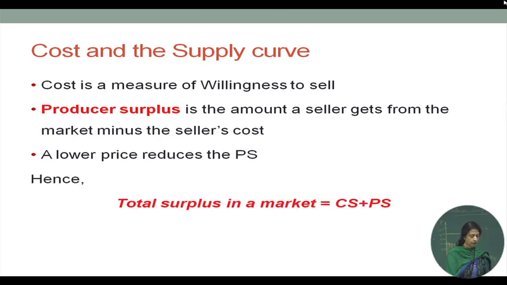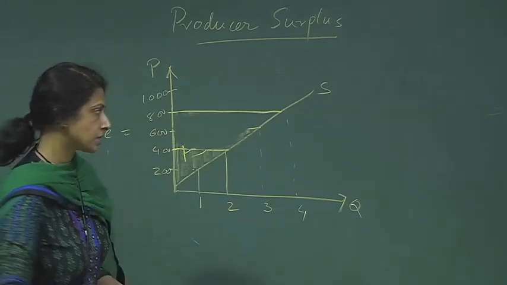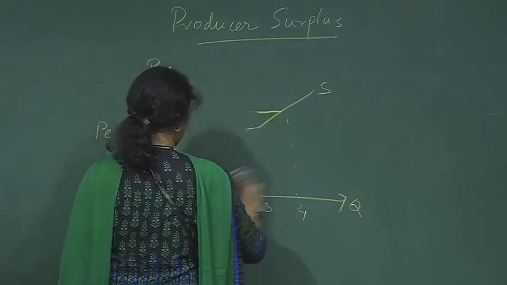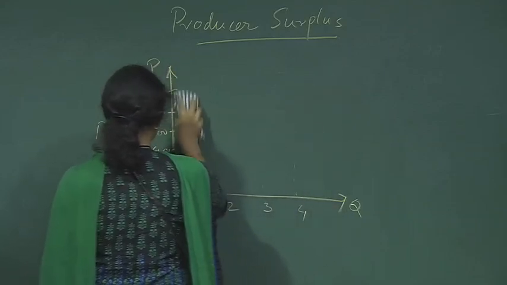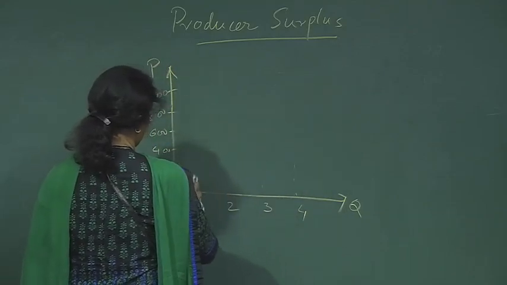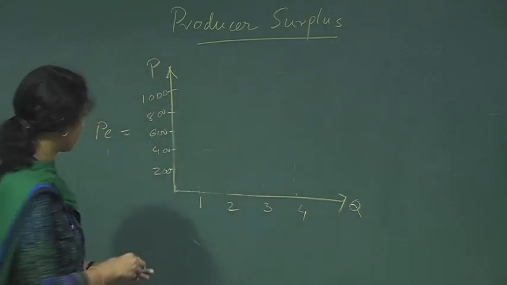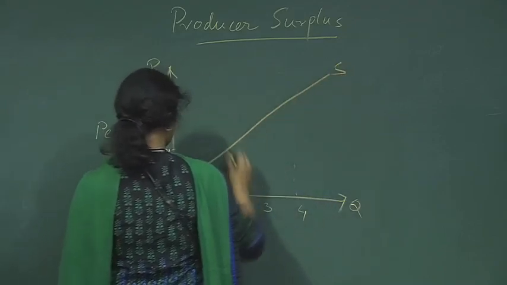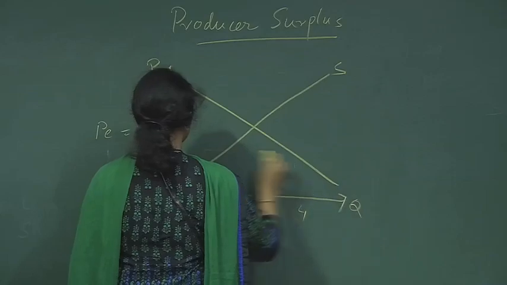Now, hence total surplus in the market. So, what is the total surplus in the market? Let us draw it neatly. So, this is the supply curve and this is the demand curve.